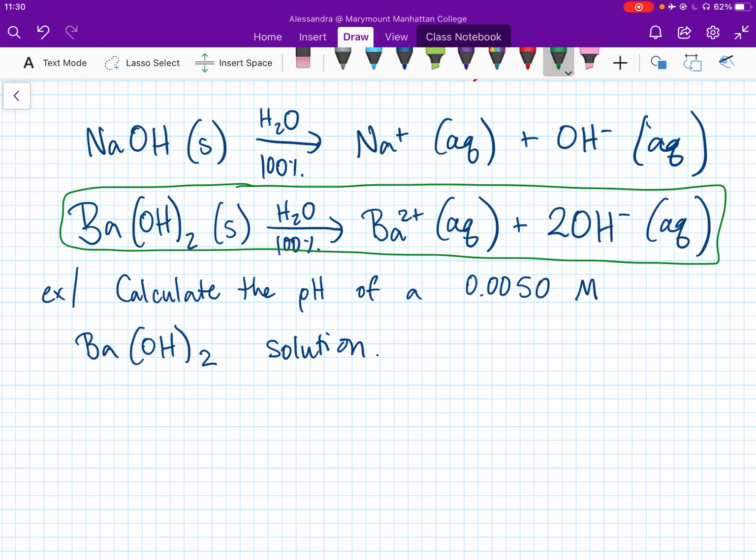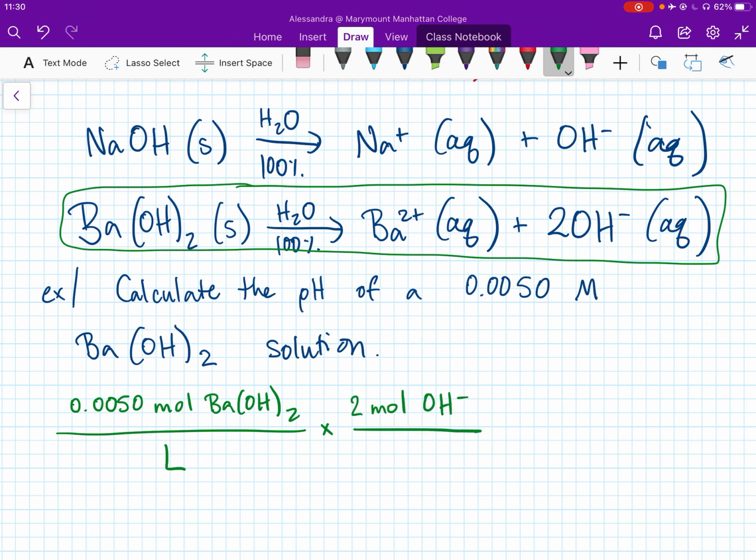So that means that this solution, which has a 0.0050 molarity, this is moles of barium hydroxide per liter, right? That's the molarity. Looking at the reaction, I can see that I have 2 moles of hydroxide for every 1 mole of barium hydroxide.